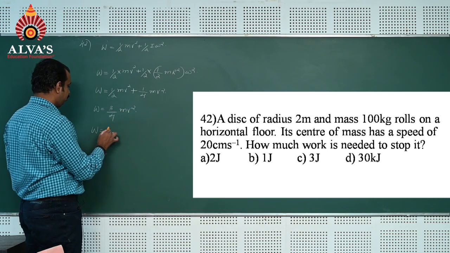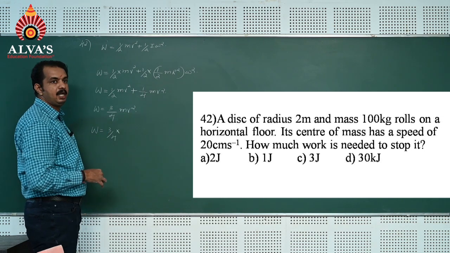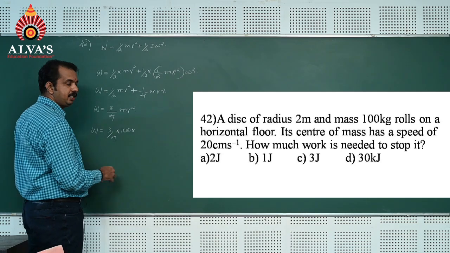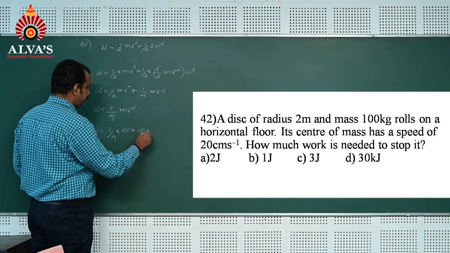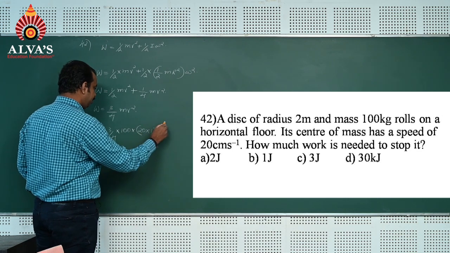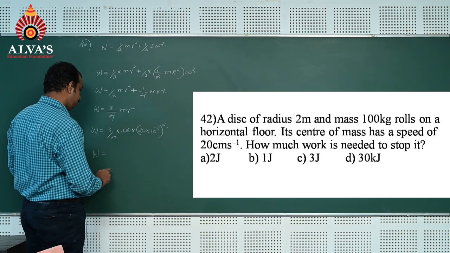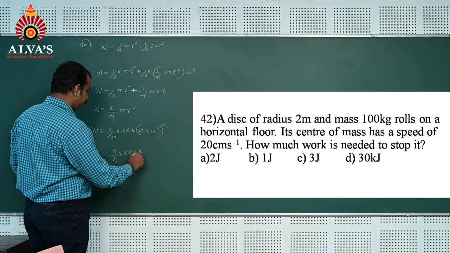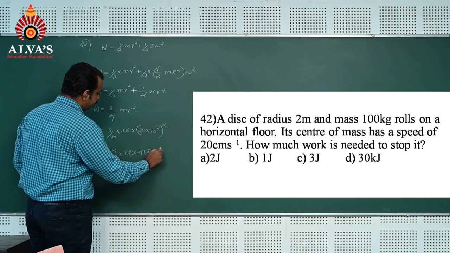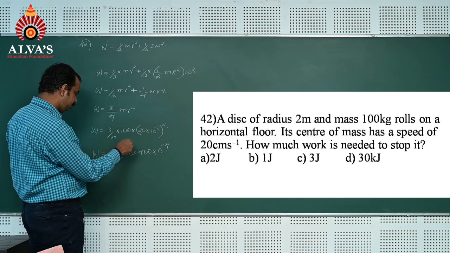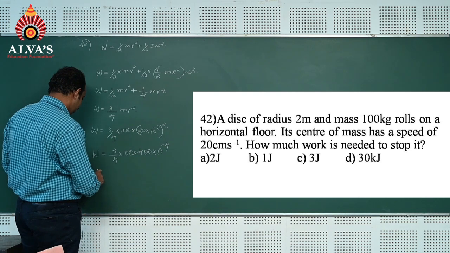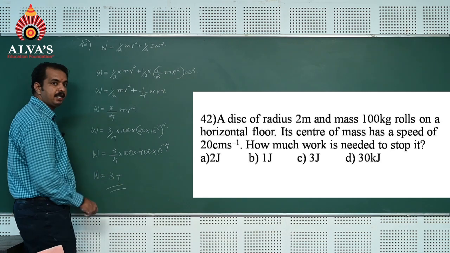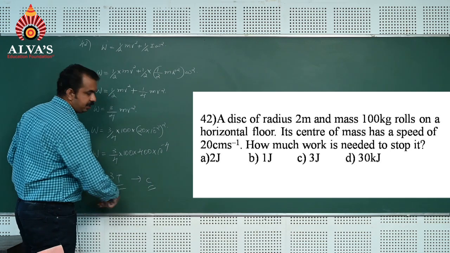W is equal to 3 by 4, mass 100 kg, into v square, it is 20 centimeter, 20 into 10 to the power minus 2 whole square, which is W is equal to 3 by 4 into 100 into 400 into 10 to the power minus 4. Minus 4 plus 4 gets cancelled, 4 gets cancelled. Work required to stop the disc is 3 joule. 3 joule is the correct answer, means option C is correct here.